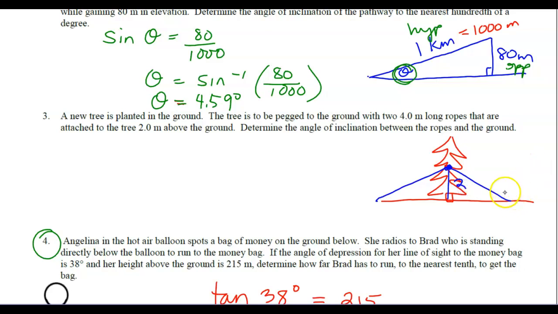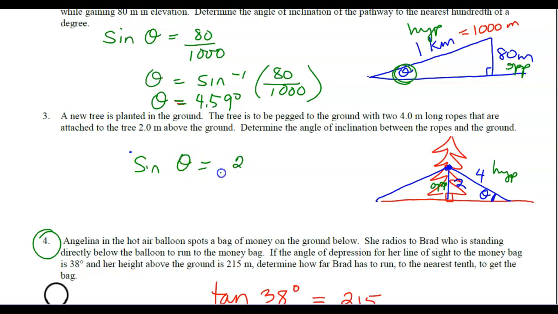Determine the angle of inclination between the ropes and the ground. So basically this angle here. So I'm going to use that Greek symbol theta, and I want to find that angle. Each rope, remember, is 4 meters. So my diagram, this is the hypotenuse and this is opposite. So that's sine. So sine of theta is 2 over 4.